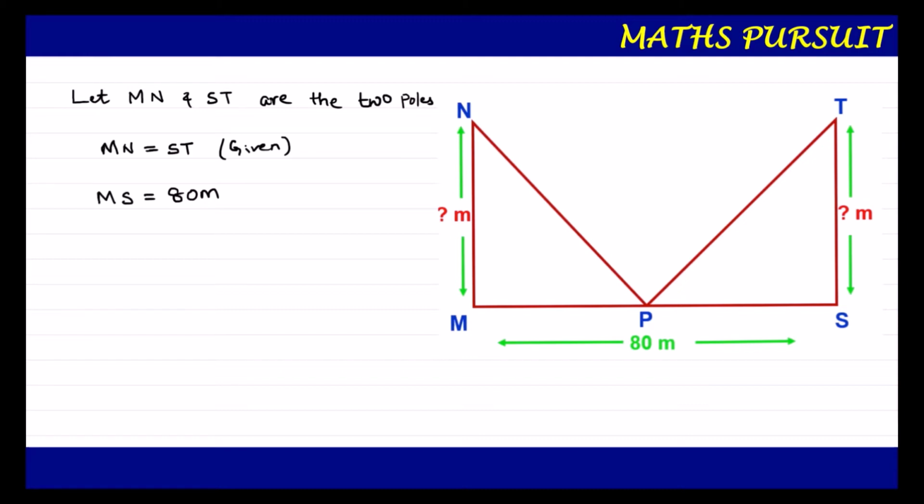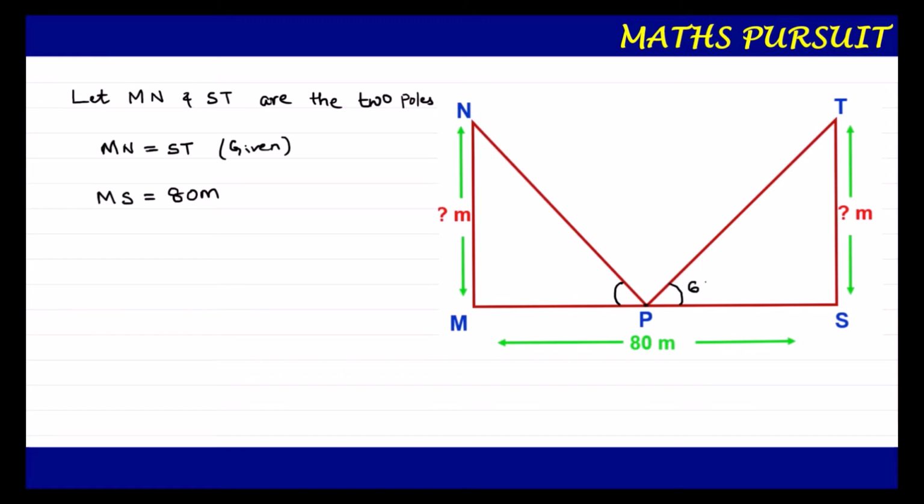Now guys, again the question says from a point between them on the road. So let us take a point P here on the road. From this point, the angles of elevation of the top of the poles are 60 degree and 30 degree respectively. That means if a person is standing here and looking to the top of the pole, the angles that he or she will be forming on the ground are 60 degree and 30 degree respectively.